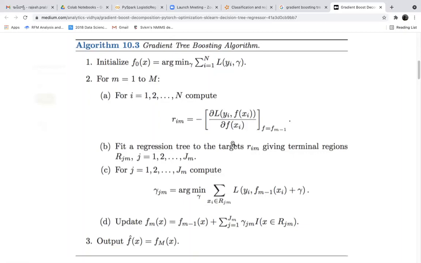They will not come back. But if the sample size is short and they have to pull them through, they will pull them into the sample as well. Okay? Got it, sir. Thank you, sir. So this is the theoretical algorithm of the gradient boosting tree.